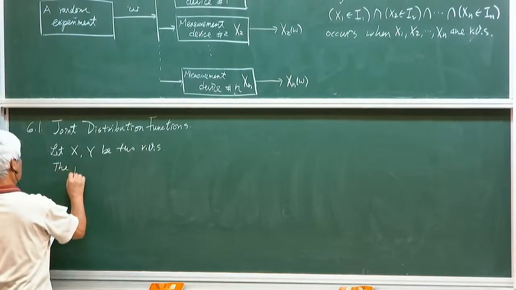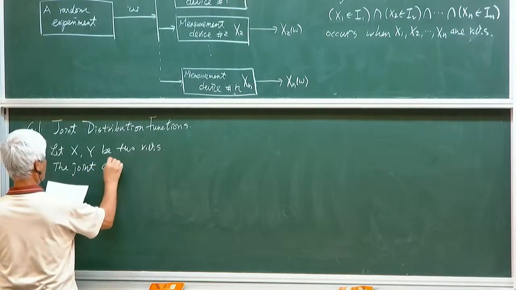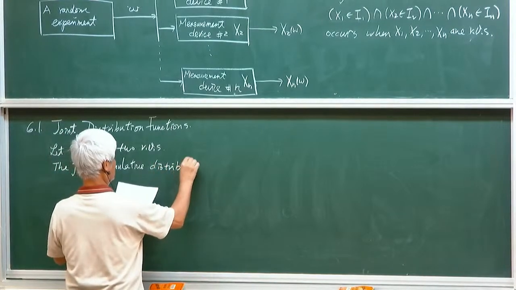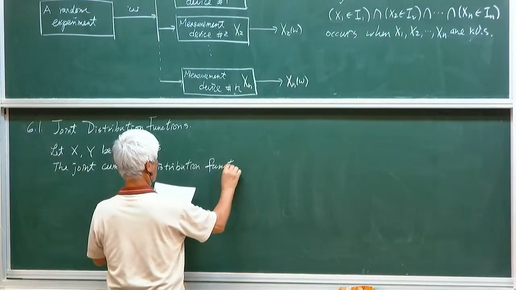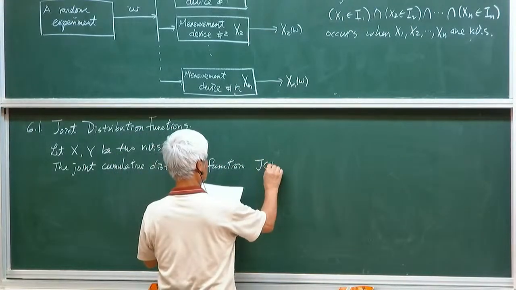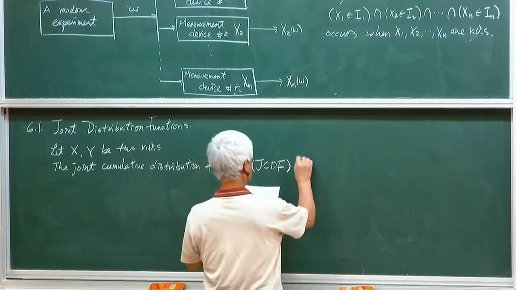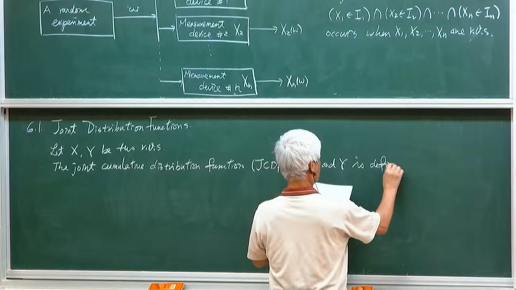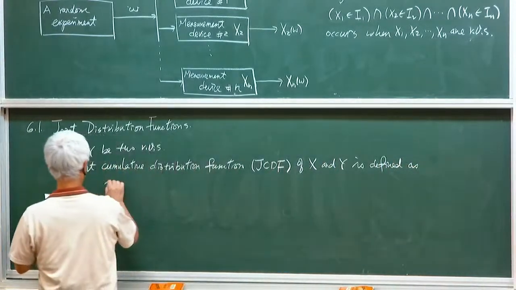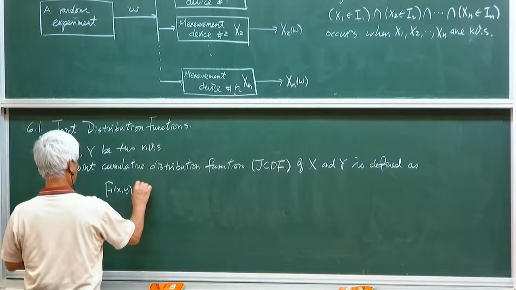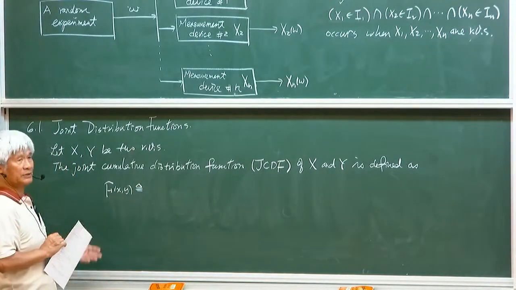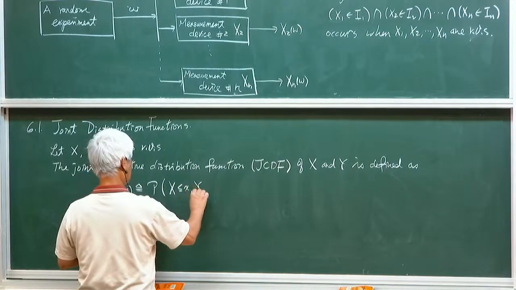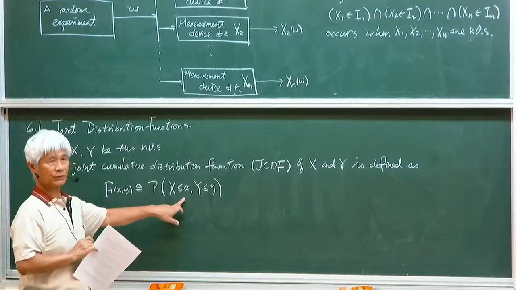And the joint cumulative distribution function, abbreviated as JCDF, of x and y is defined as here, so that it's a function with two variables, and actually it is the probability of this joint event.